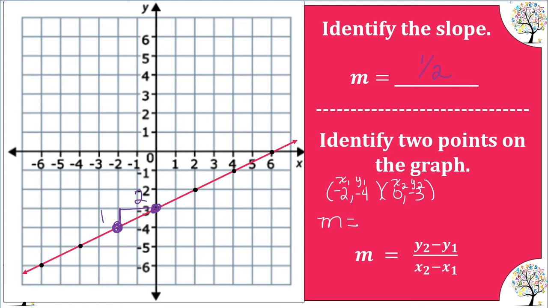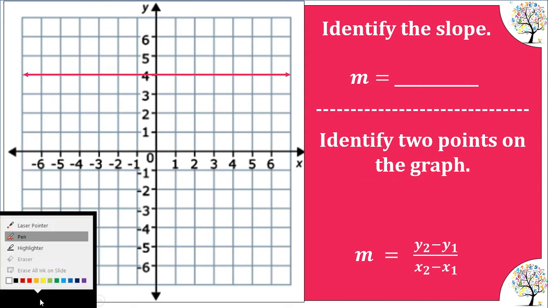Put it in our formula: y2, -3, minus y1, -4, over x2 minus, right from the formula. As soon as I put that first coordinate down, I just put subtract. Then I look to see what that value is. Now I'm going to do keep, change, change, 1, keep, change, change, 2. And that confirms our slope from the graph.